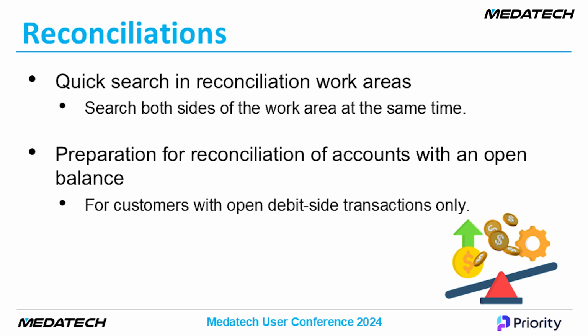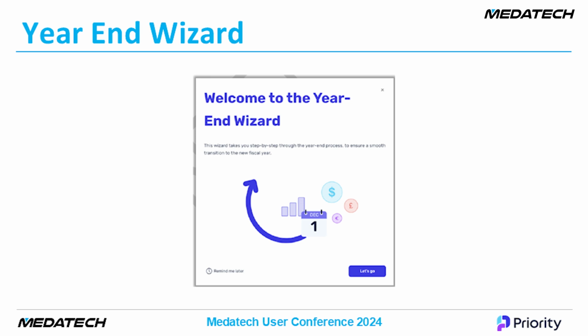Finally, there's some new functionality introduced to help with the year-end process in the guise of a wizard, which will step by step make sure that you tick all of the boxes that you need to close off at year-end. Now, this has obviously been a very whistle-stop tour of the release notes.